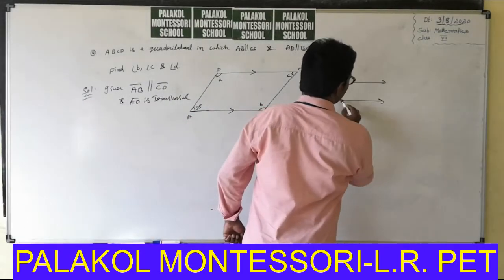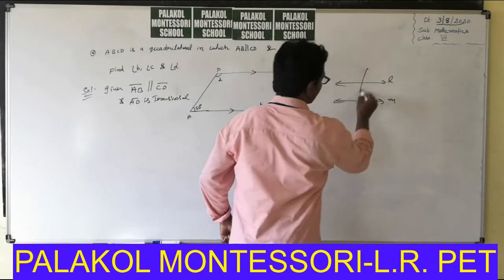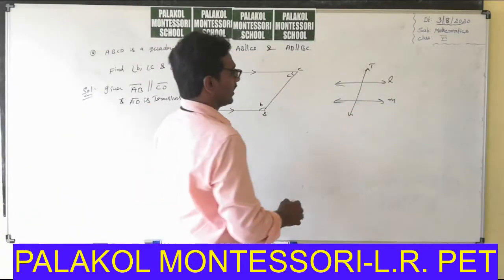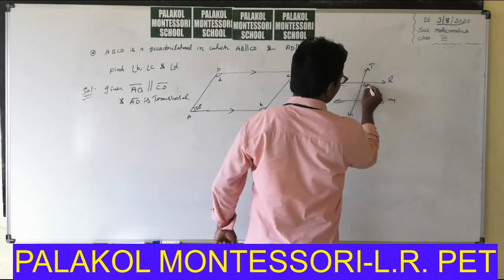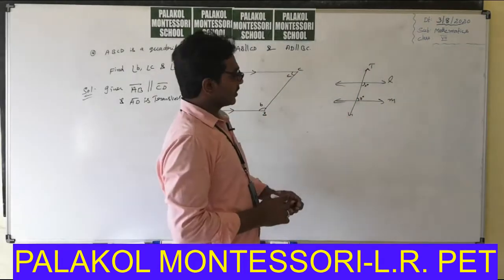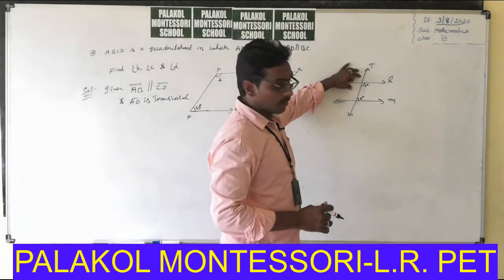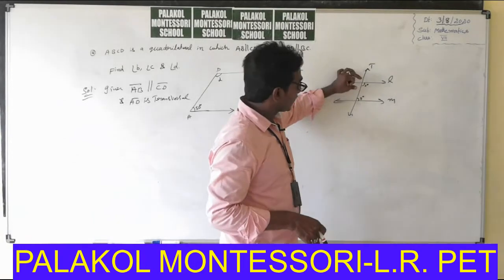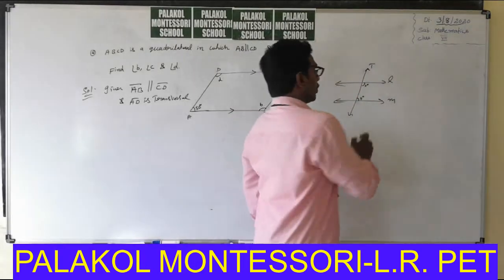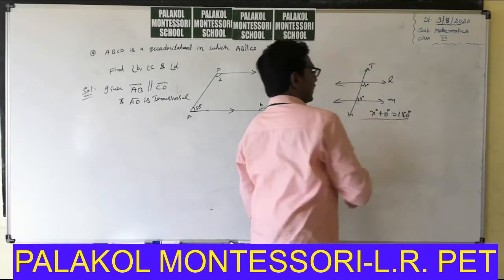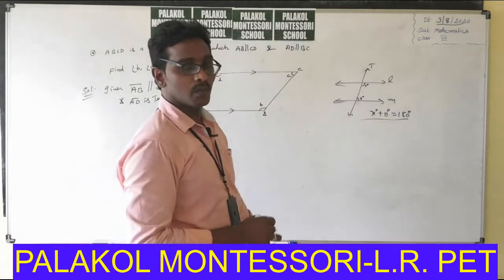Remember this one: see L, M, this is called transversal T. Here you take one angle x and you take the same-side angle y. Guys, these two angles are on the same side of the transversal. The sum of these two angles is equal to 180 degrees, you know that is basic knowledge. x degrees plus y degrees is equal to 180.